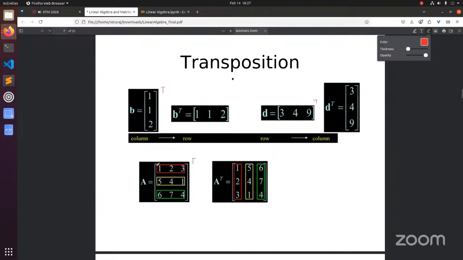Also note, you can do it in the column form too. 1, 5, 6 is a column and it becomes a row 1, 5, 6. 2, 4, 7 is a column here and becomes a row. 3, 1, 4 is a column here and 3, 1, 4 becomes a row in the transpose.